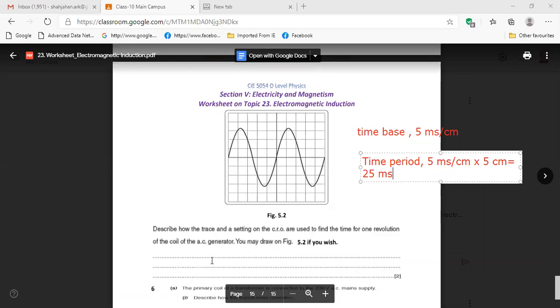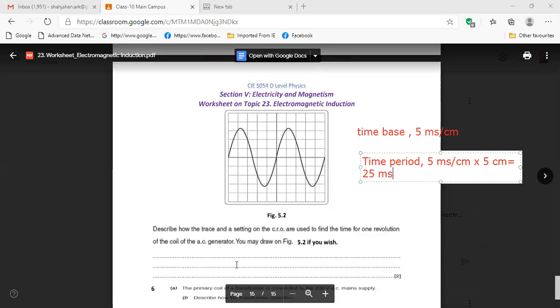Okay, so how can we write it? They are saying describe how the trace and a setting on the CRO are used to find the time for one revolution of the coil of the AC generator. One revolution means 1 complete cycle, 1 wavelength.